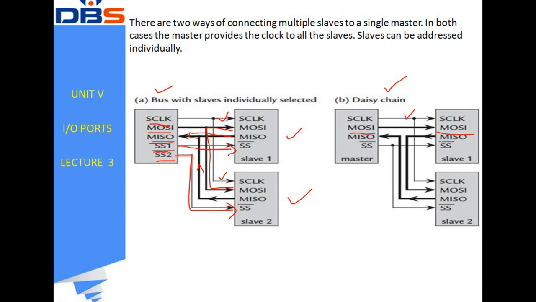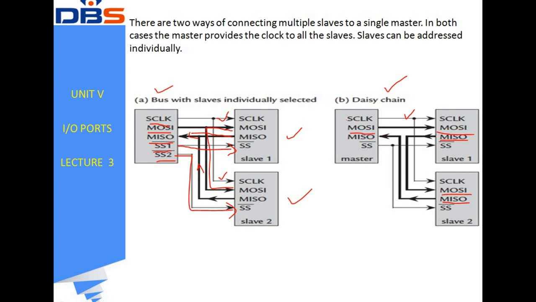See here, that means the data present in this slave is transmitted to this slave, and the data present in this slave is transmitted to the master here.